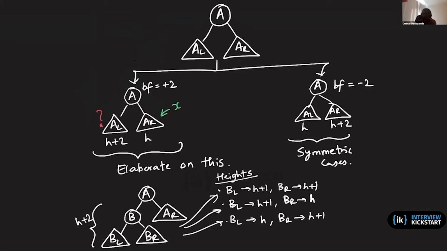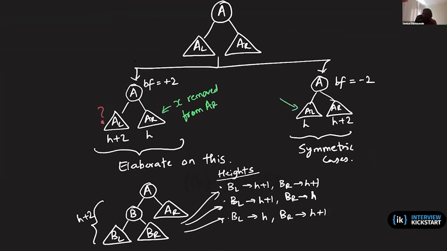So the two cases. Case one here was X removed from A sub R, leading to this problem. The other case was X was removed from A sub L, leading to the other symmetric problem.